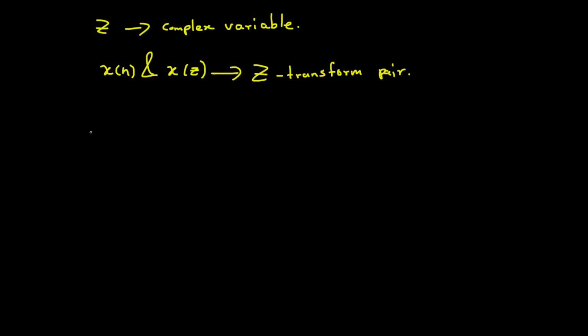And there are two types of Z transform. One is going from 0 to positive infinity, and the other one is going from negative infinity to positive infinity.